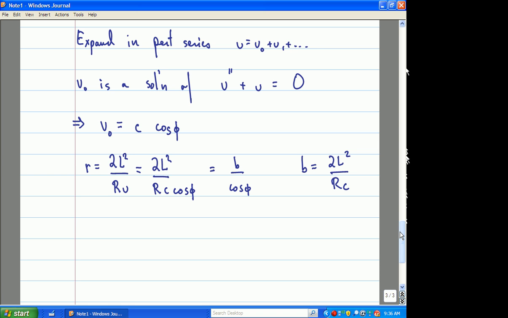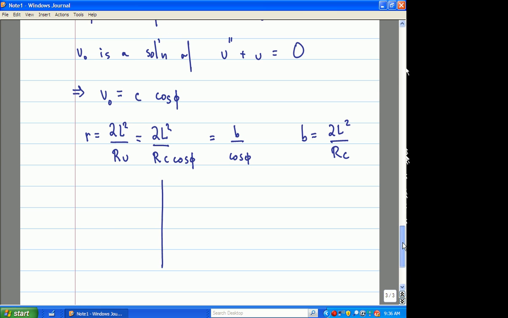And that, of course, is a straight line. And it's a straight vertical line in the standard Cartesian coordinates. So in these coordinates, the center r equals 0 is at x equals 0. And the trajectory is at r equals b.